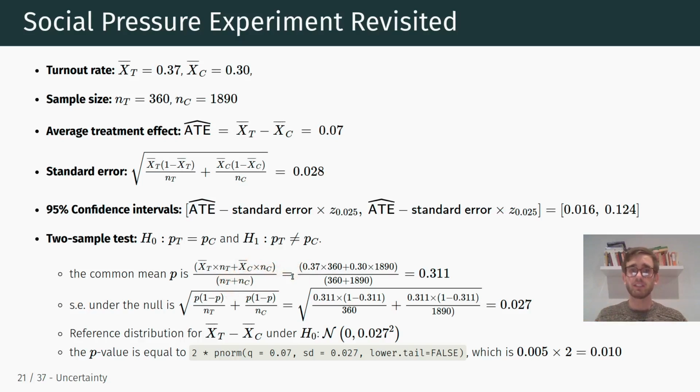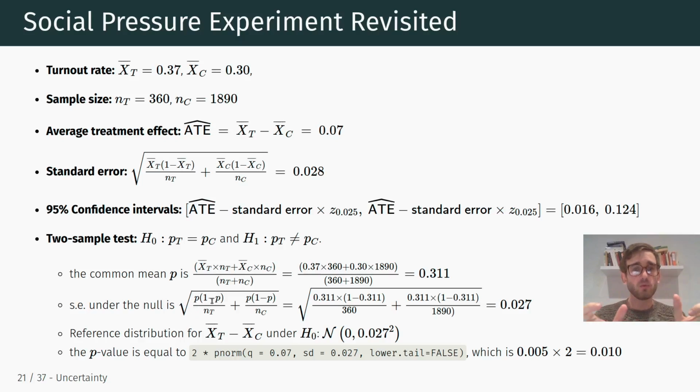You could think of this as the weighted average of the turnout rates in the treatment group and control group, weighted by each respective sample size. That's an average turnout rate of 0.311, right? So we assume that this is the common mean under the null hypothesis, that pt and pc are actually equal in the population.